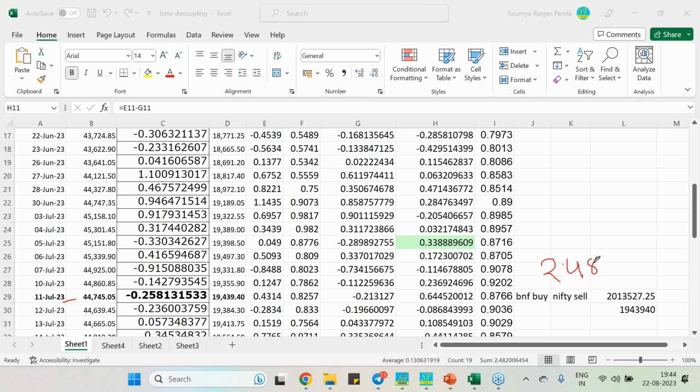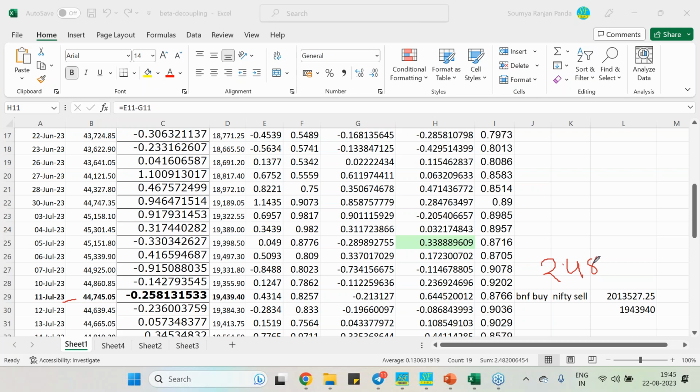Positive means the dependent has moved faster and the independent has moved less. Bank Nifty has higher volatility compared to the Nifty, but it has traveled less. 2.48 steps it has gone ahead.